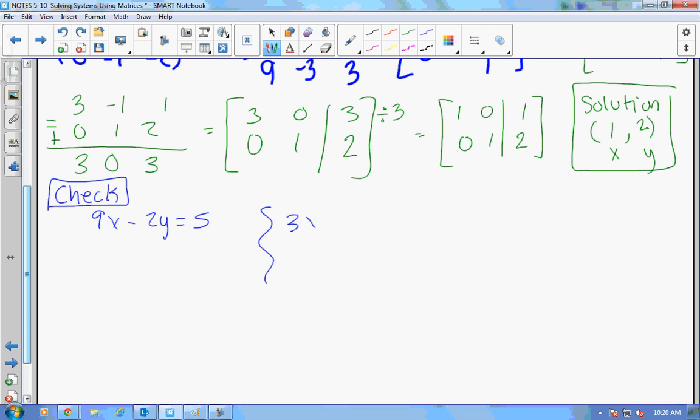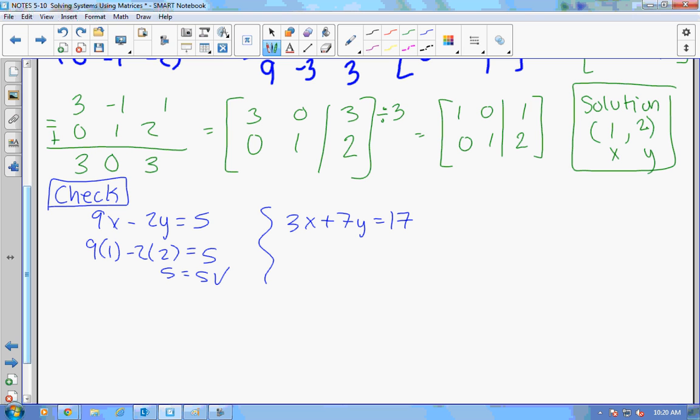And 3x plus 7y equals 17. Replace, Brian, can you put the calculator down, please? Replace each of the x's with a 1, and each of the y's with a 2. Does that actually equal 5? 9 minus 4 is 5. So, but you need to check out on all of them.